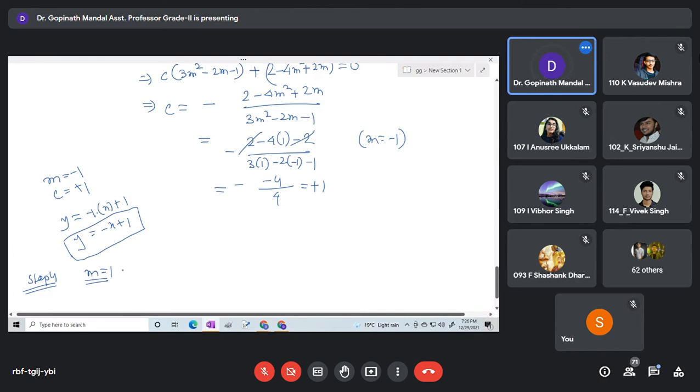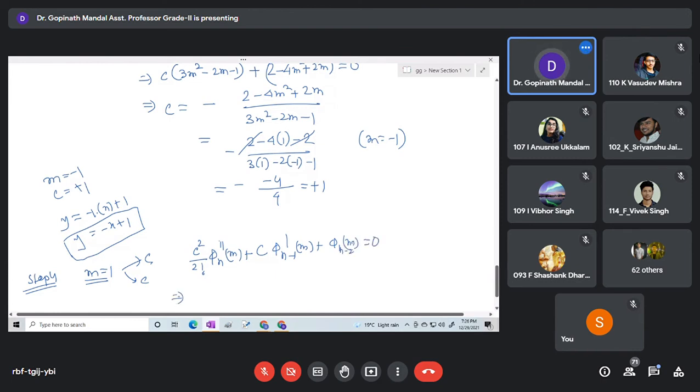So for this m we get two values of c, from the equation c square by factorial 2 phi n double dash m plus c phi n minus 1 dash m plus phi n minus 2 m equal to 0.